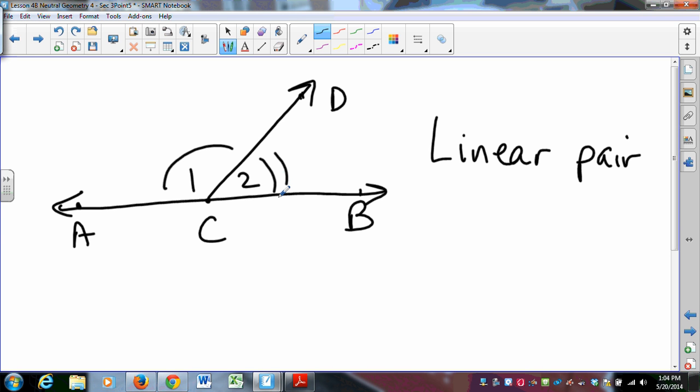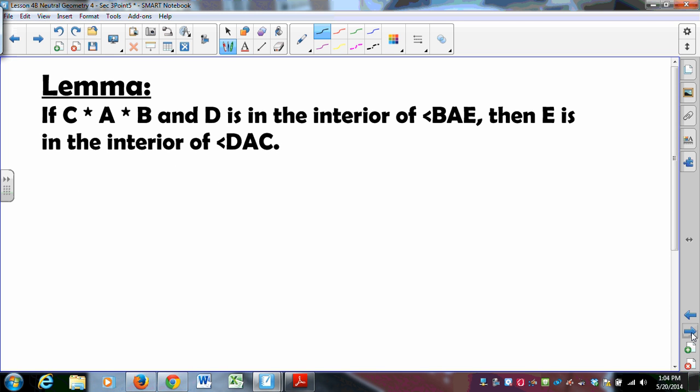Of course, getting there is more than half the fun. Getting to a place where you actually have linear pairs that add to 180 degrees, that's a big deal. And to do that, we need a lemma first.